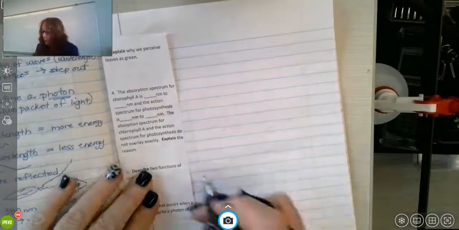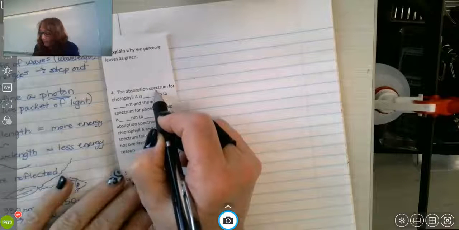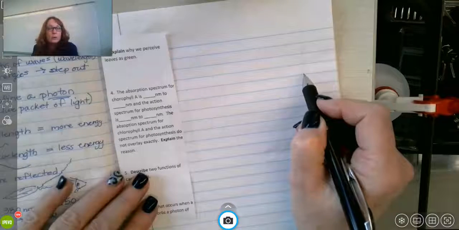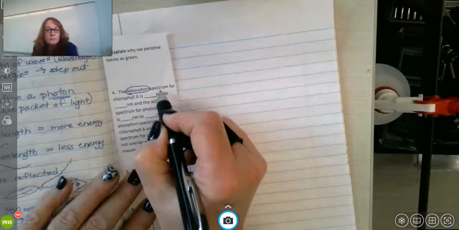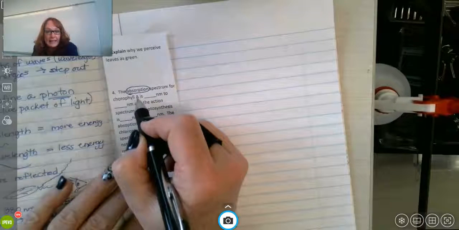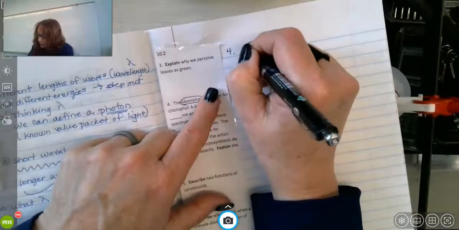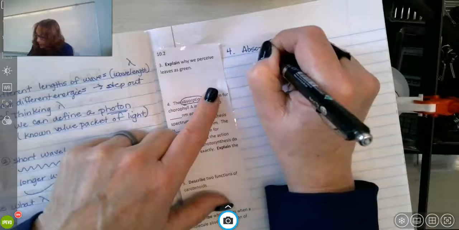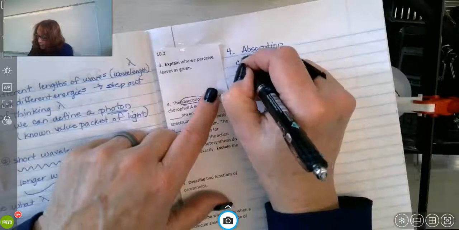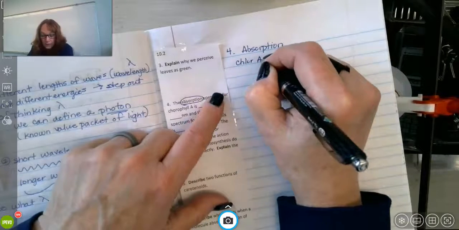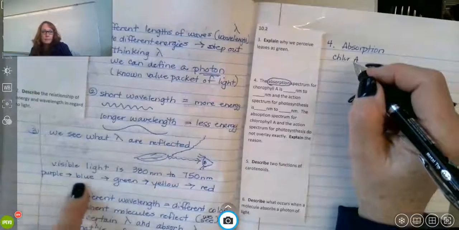Oh, so there's a spectrum, which just means something that starts at one value and it goes all the way to another, and you can measure all of it. So the absorption spectrum for chlorophyll A is, so let's go up here, this is 4. And since chlorophyll A is the main pigment, that's the one we're going with. So for chlorophyll A, it's going to absorb over in this purpley blue.